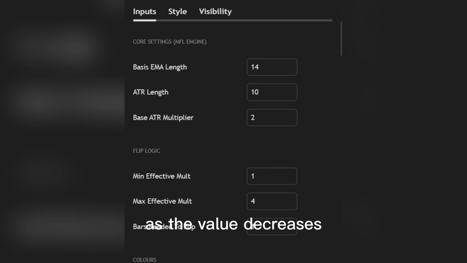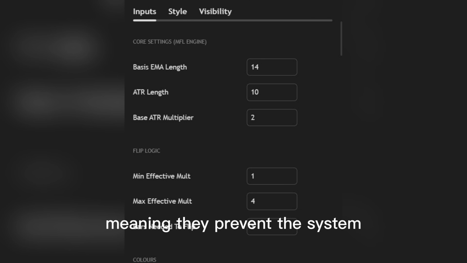As the value decreases, earlier but riskier signals are produced, and as it increases, later but stronger trend signals are generated. The min effective mult and max effective mult settings in the flip logic section prevent the system from breaking down in extremely calm or extremely volatile markets, meaning they prevent the system from becoming overly sensitive when the market is too quiet and from reacting too late when the market is too volatile.